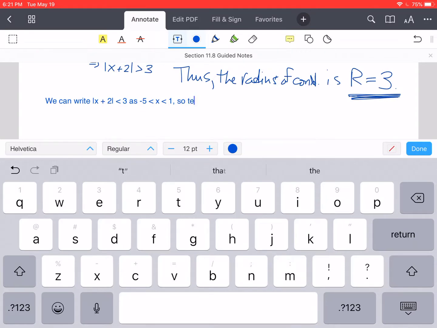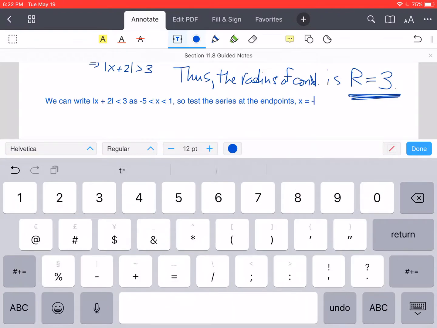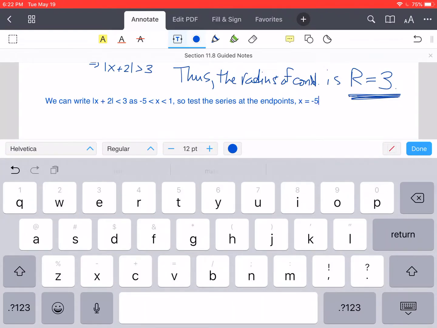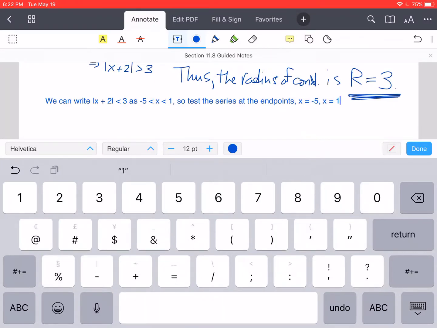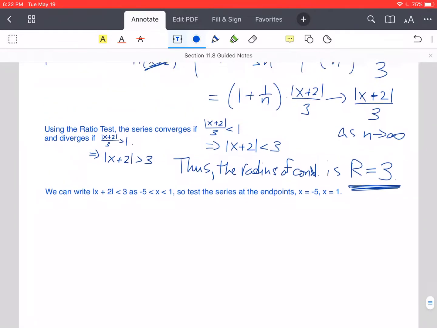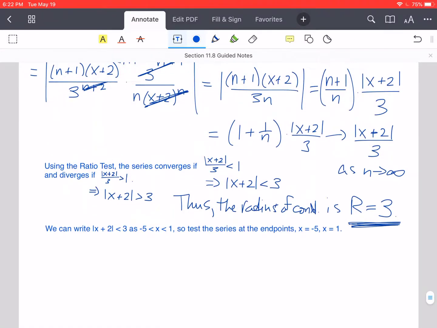So we'll need to test the series at the endpoints, x equals -5 and x equals 1. Okay, so let's go ahead and do that.